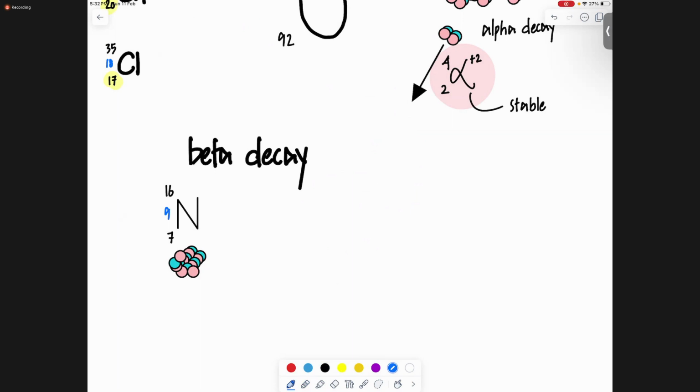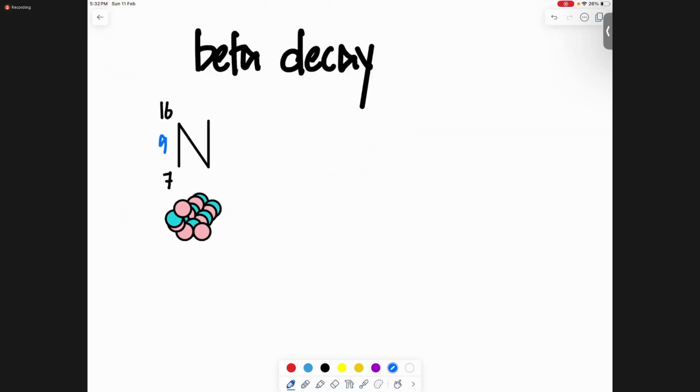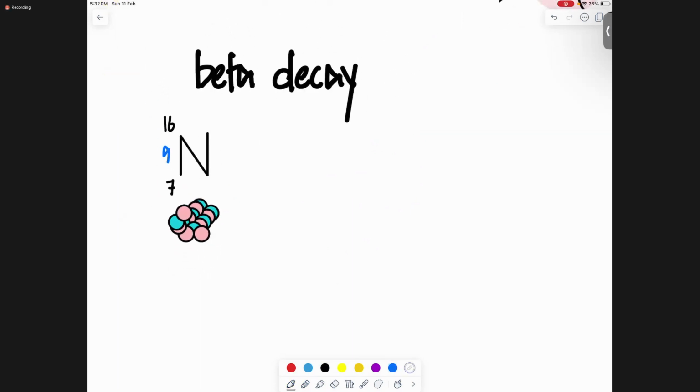So it's unstable. How does it become stable? It becomes stable through a process known as beta decay. What happens is that somehow from somewhere this particle called a beta particle shows up, and this beta particle is 0 and -1, and it forms this element here. Can you tell me what's the composition of this element here?